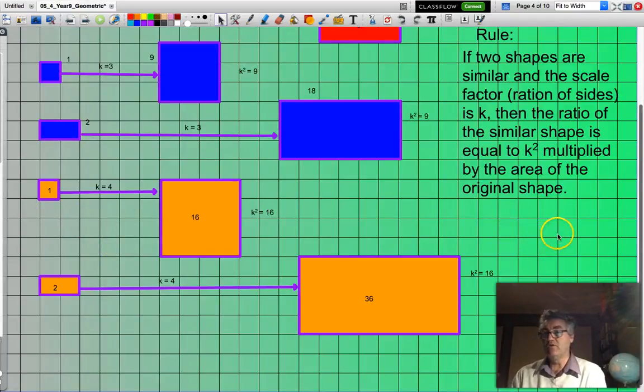The general rule that we use is: if two shapes are similar and the scale factor, in other words the ratio of the sides, so compare any two sides, that length divided by that length, is k, we just allocate the letter k, then the area of the similar shape is equal to k squared multiplied by the area of the original shape.